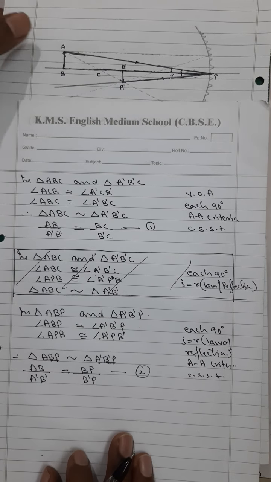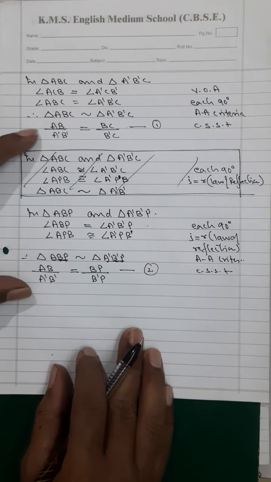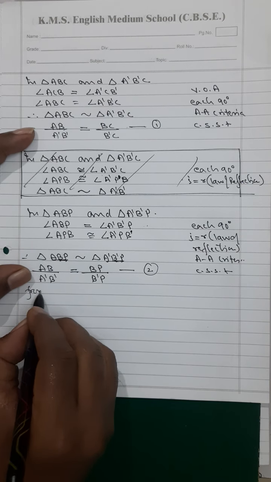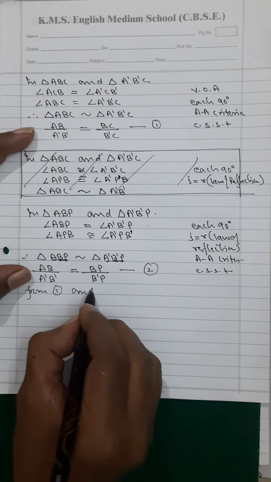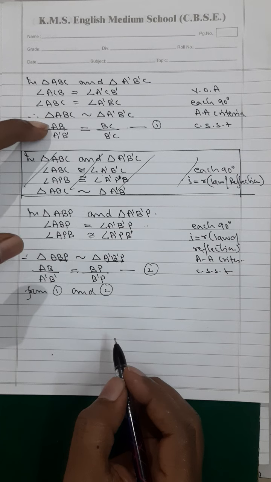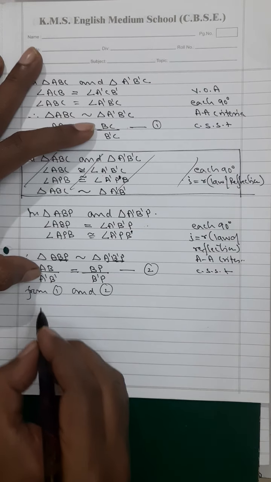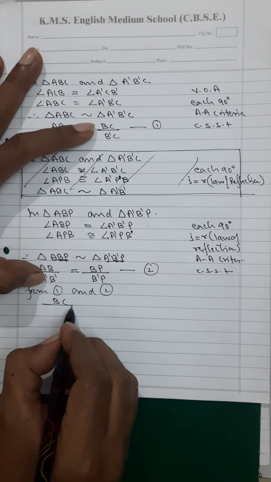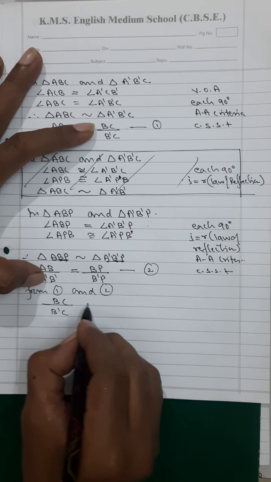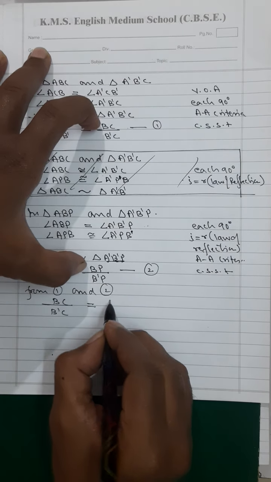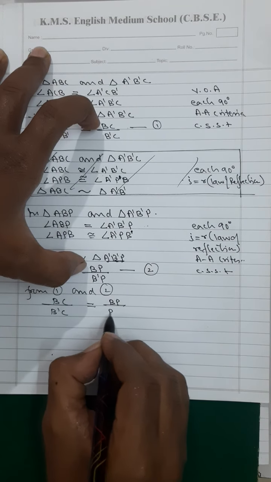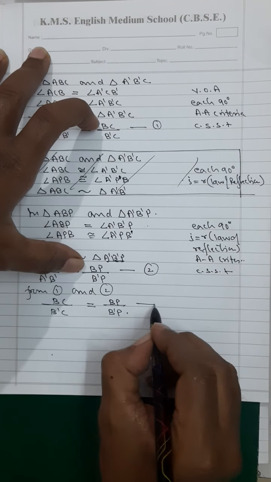Now from 1 and 2, what are you going to get? AB upon A dash B dash, AB upon A dash B dash, so you will get BC upon B dash C is equal to BP upon B dash P.